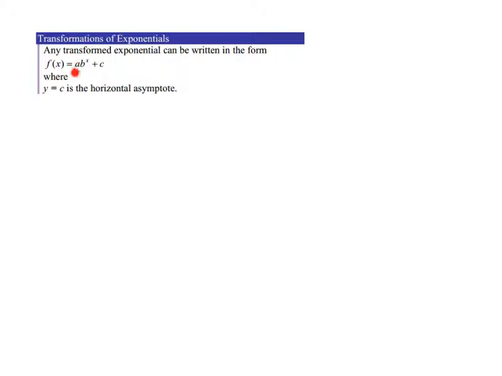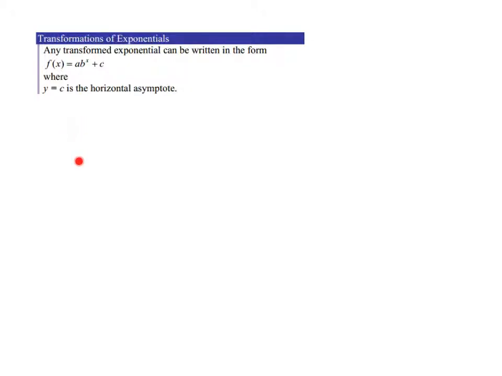If you think back to the slide we just talked about, the a is going to basically be the y-intercept. Not always, because if you have a c, that's going to change things a little bit. And then b is your base. Sometimes they'll tell us the base. Sometimes we'll have to figure it out, like you did in the last section when you were given two points.